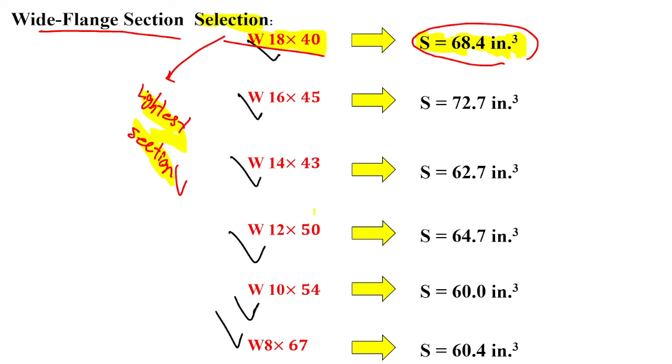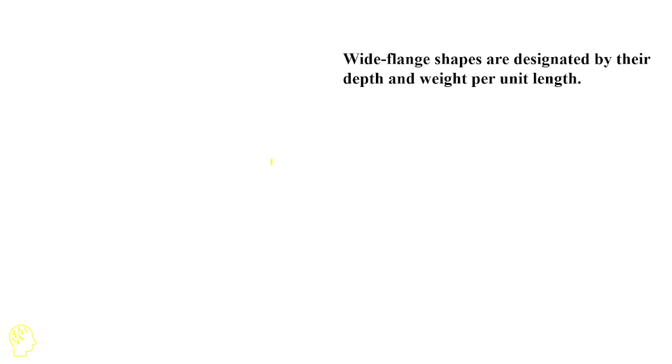As soon as we have all the sections, there is also an easier approach for wide flange shapes. There is this easier approach to not go through the table for the area and for the weight, because they are designated by their depth and weight per unit length. So that's a cool meaning.